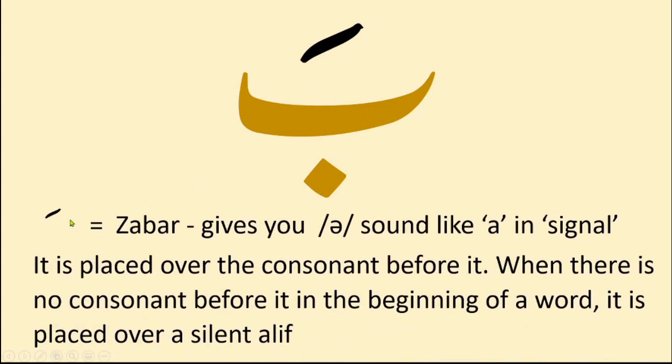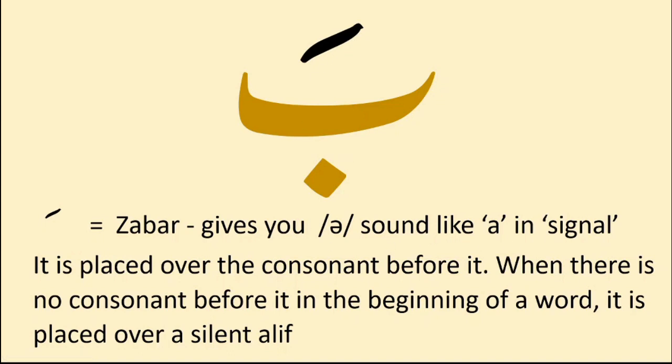This is a B. We know the letter B. We know it gives you B sound. And look at this line on top of letter B. This is zabar. Now, it gives you a sound, like letter A gives you a sound in signal. It's not a letter on its own.